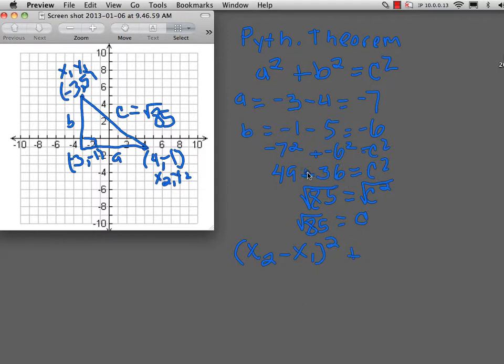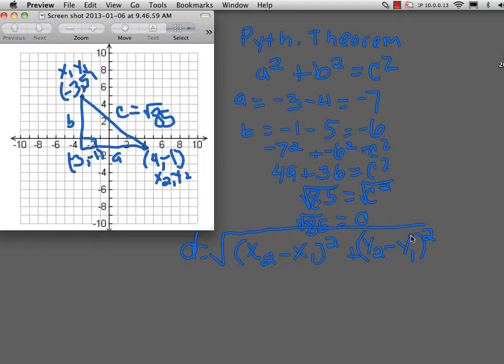Then we added that to our y values, which was simply y2 minus y1, and then we squared it. And then to get our final answer, we took the square root of all of that. That in fact gave us our distance. And there is our distance formula: distance equals the square root of x2 minus x1 squared plus y2 minus y1 squared.